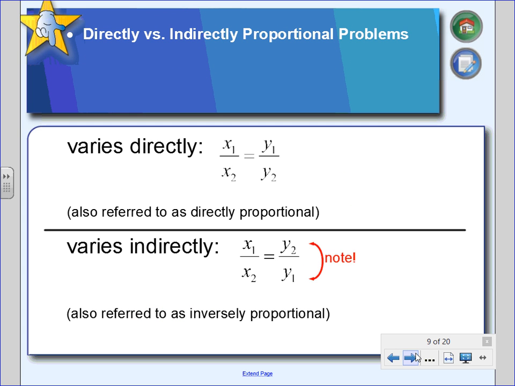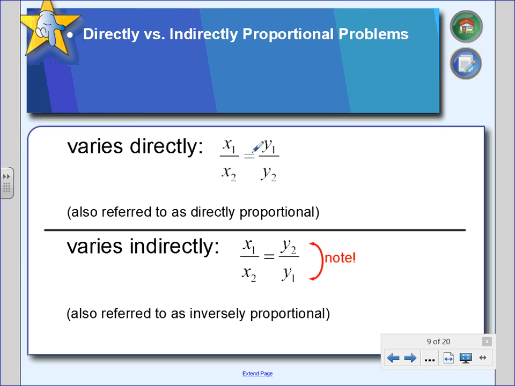Okay, we're going to talk about a new kind of proportion word problem, and it's called direct and indirect variation. So with problems like this, proportion word problems, if you notice that you're being told that your variables are directly proportional or they vary directly, then you're going to set up a proportion where the first x is over the second and the first y is over the second y.